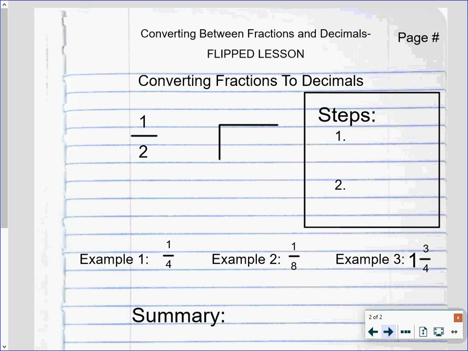Moving on to converting fractions to decimals. One easy way to remember how to do this is the saying that you can never put a horse in a gas station. So if we were to make this a little horse, up here, we have our little cowboy.